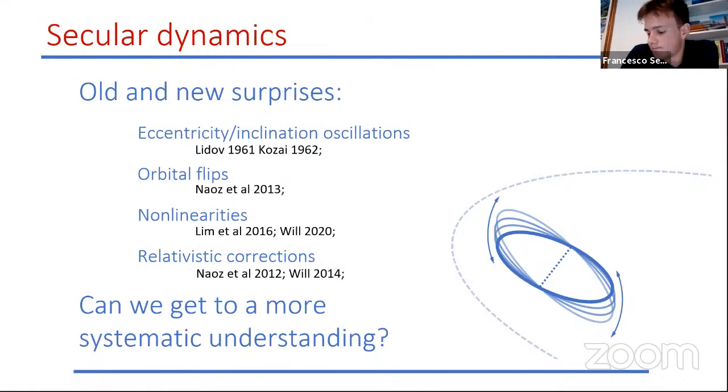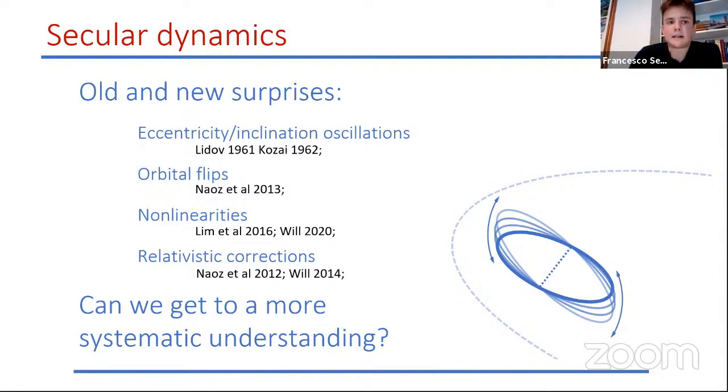All of these systems have in common that the small perturbation of the third body, in order to give a sizable effect, needs to pile up over many orbital periods. And this leads us to consider the secular dynamics, which is the dynamics of these systems on timescales much larger than the orbital period of both the inner orbit and the outer orbit.